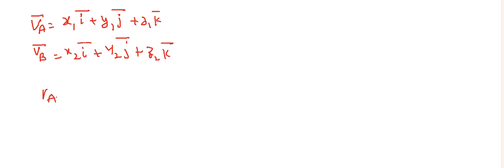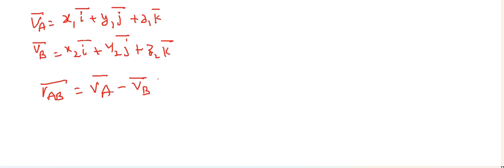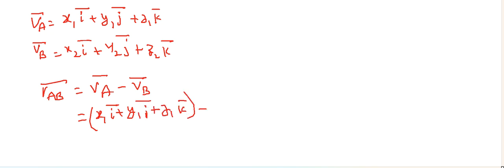What is VAB bar? We know that it is VA bar minus VB bar. So substitute the two vectors. VA bar is nothing but x1 i bar plus y1 j bar plus z1 k bar. And VB bar is x2 i bar plus y2 j bar plus z2 k bar.